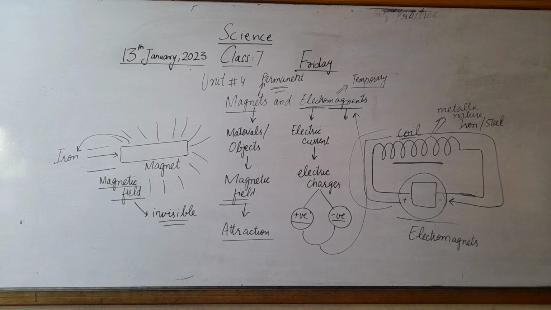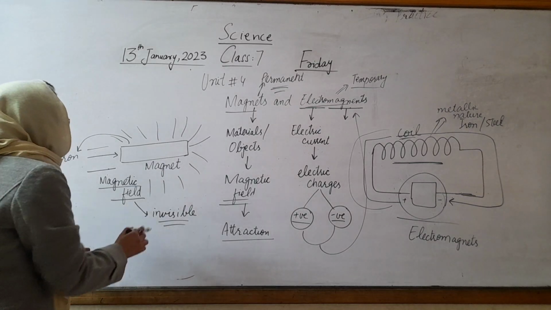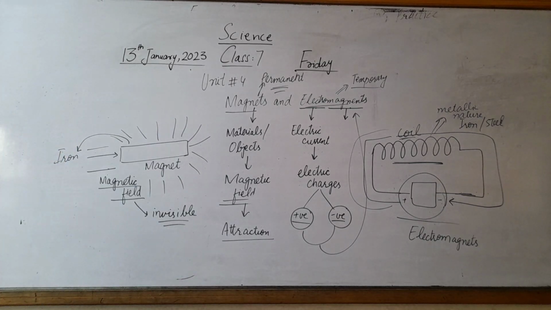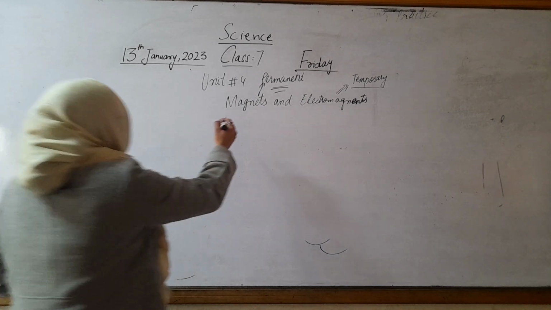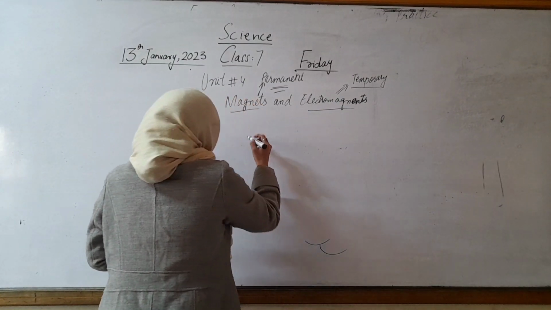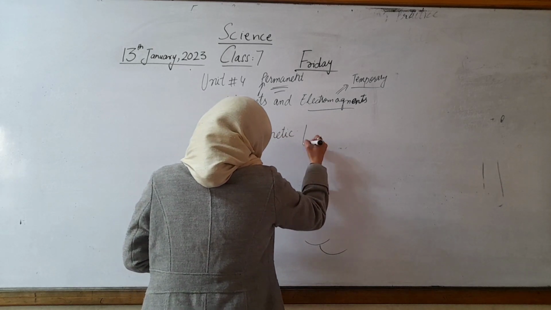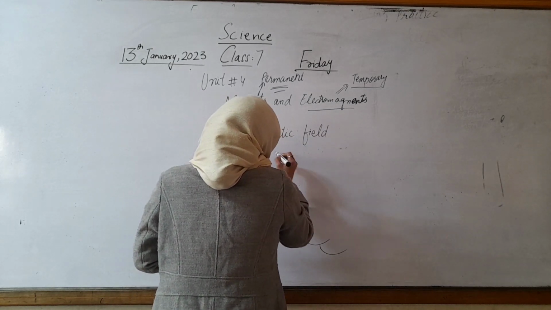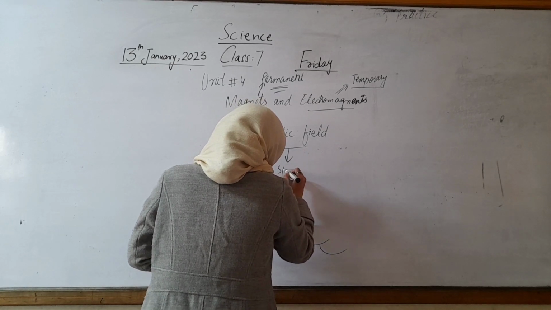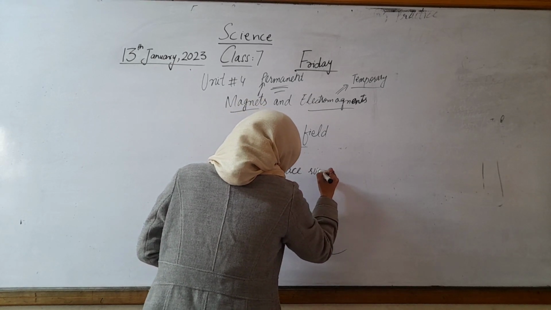Magnets and electromagnets. Magnets have a magnetic field. Magnetic field is invisible. We can only feel this field as a force of attraction. Clear? Idea about the magnets and electromagnets along with magnetic field. Magnetic field is the space surrounding the magnet.